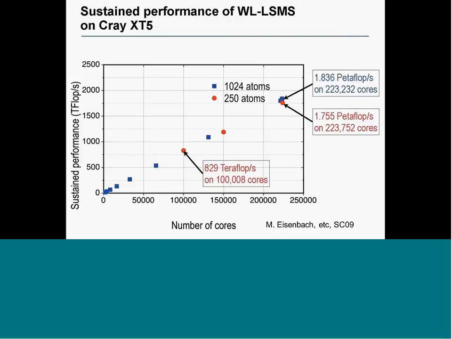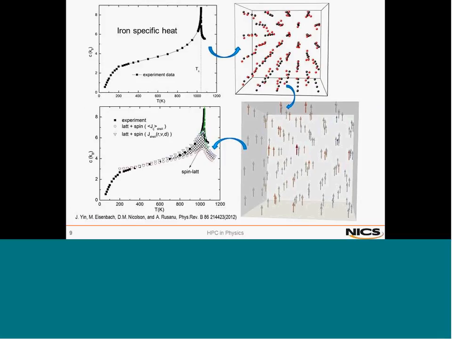And the peak performance of this code is about 1.8 petaflops, which is amazing. But on the other hand, you see the problem size we can consider is still less than 1000, which, in another way, indicates the complexity of the problem we need to solve.